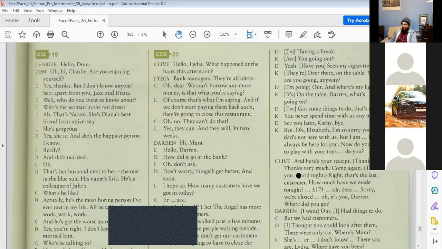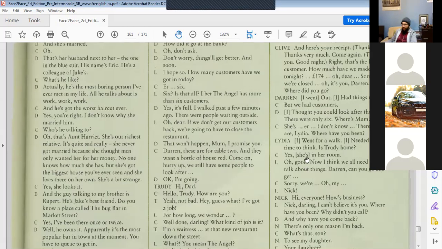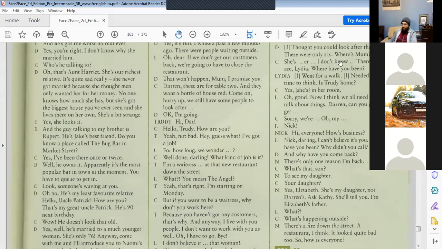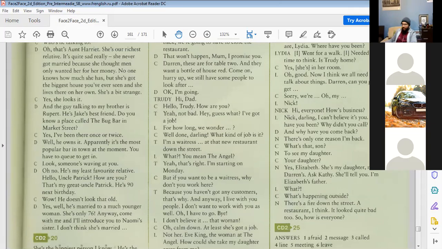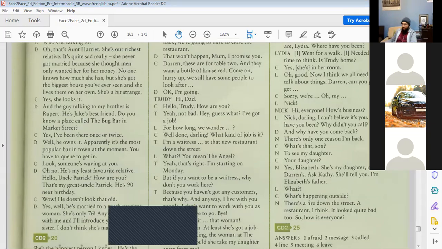Okay, so let's see the rest of the conversation. Thought you could look after them. Where have you been? Okay, let's listen. Went for a walk. Needed some time to think. Is Trudy home? Yes, in her room. Oh, good. Now, I think we all need to talk about things. Darren, can you go and get... Sorry, we're... Oh, my... Nick! Hi, everyone. How's business? Nick, darling, I can't believe it's you.